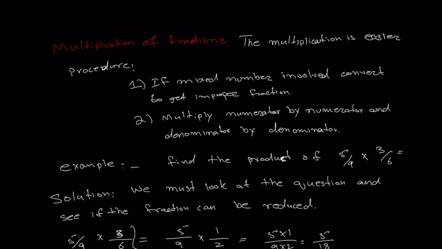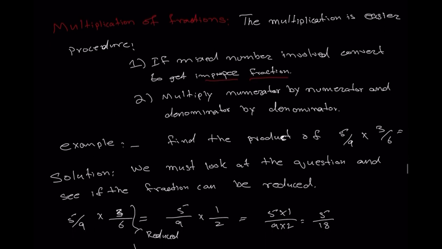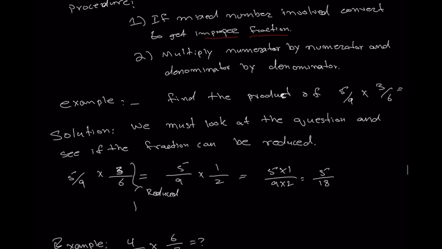If we have the mixed fraction, we will simplify them to improper fractions, and then multiply numerator by numerator, the numerator of the first fraction by the numerator of the second fraction, then denominator by the denominator of the second fraction. If you have more, then you can follow up. Example, find the product of 5 over 9 and 3 over 6.